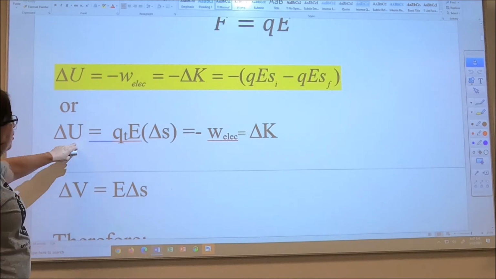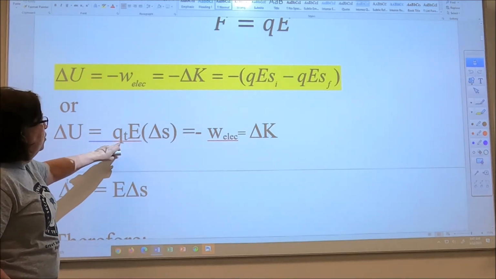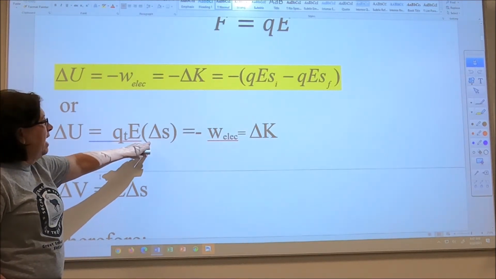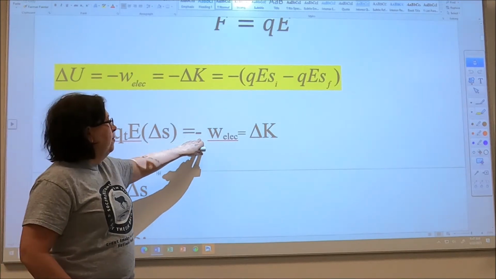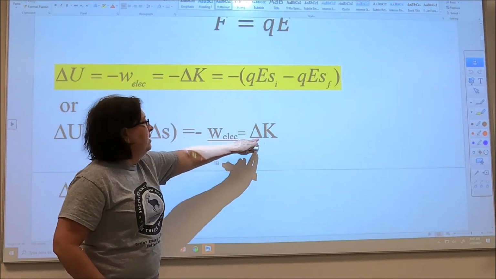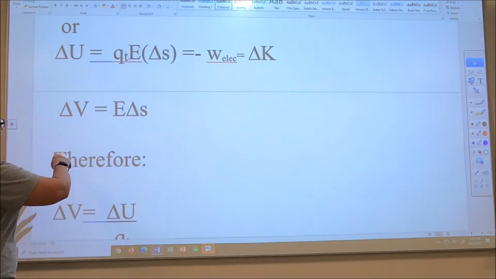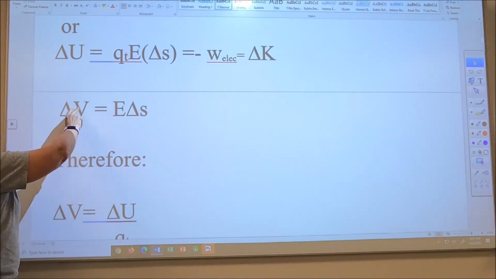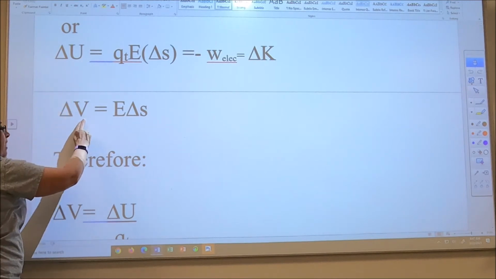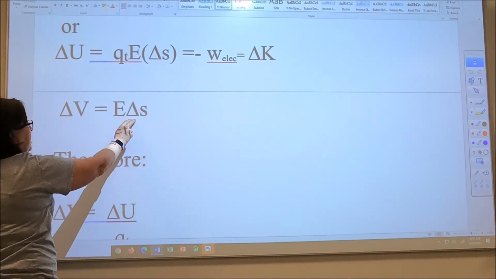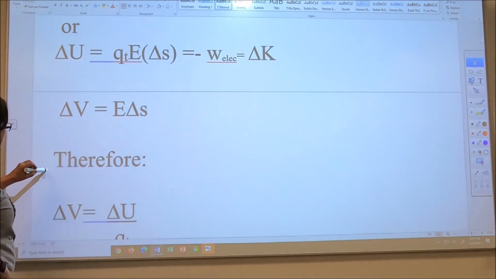Or you could say that the change in electrical potential energy equals Q_T times E times delta S, or minus W electric, delta K. Now, change in electrical potential is equal to E times delta S.